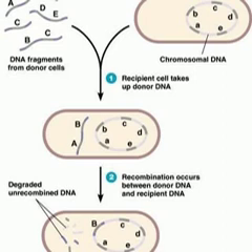Number 1 is attachment of T4 to receptors on the E. coli cell wall. Penetration of the cell wall by the tail then injects DNA into the host. E. coli DNA is hydrolyzed.